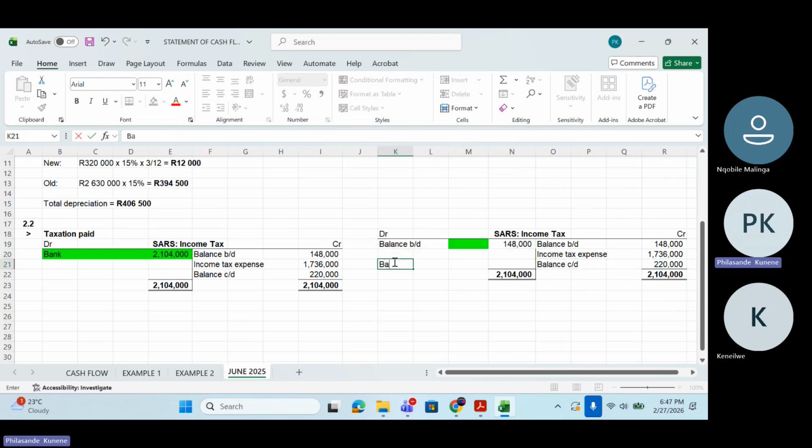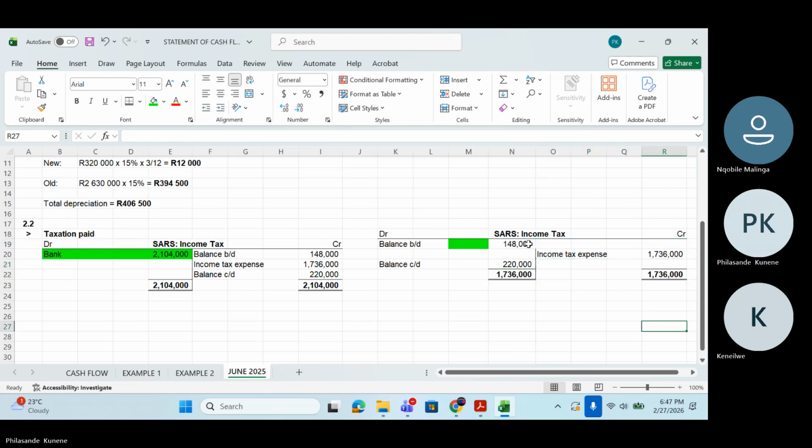Balance carried down can be this side, which is 220. It's possible. And then we have nothing this side, and you only left with tax this side.